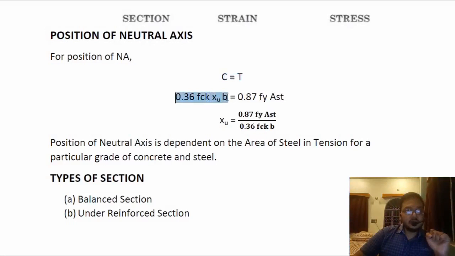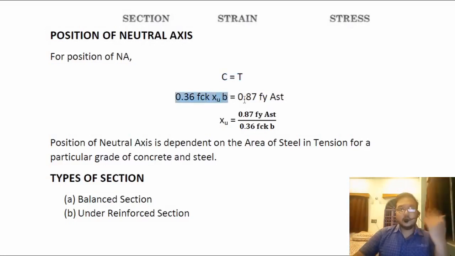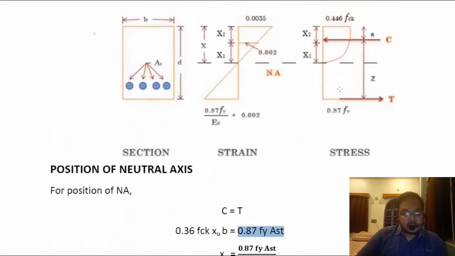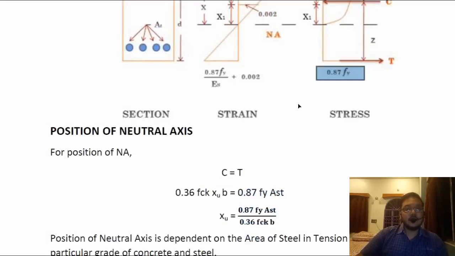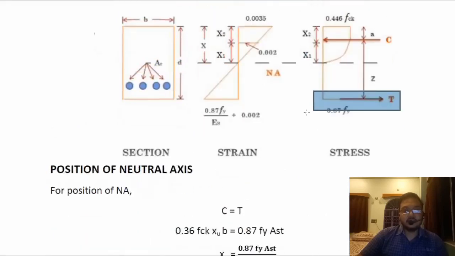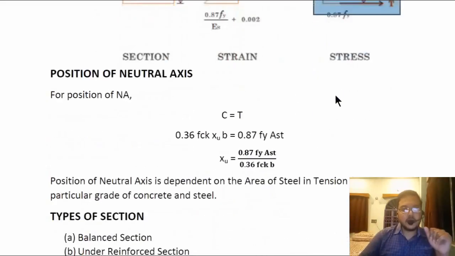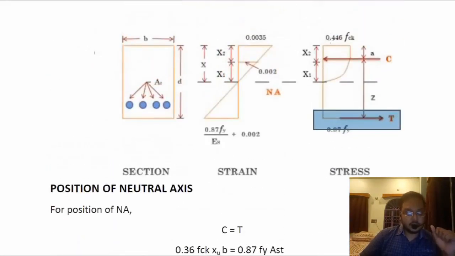The compressive force is given by 0.36 FCK XU B, which we derived in the previous part of the video, and 0.87 Fy AST is our total tension force. 0.87 Fy is the stress and AST is the area of the tensile steel. We are ignoring the concrete in the bottom part, so we are not considering that for our calculation.